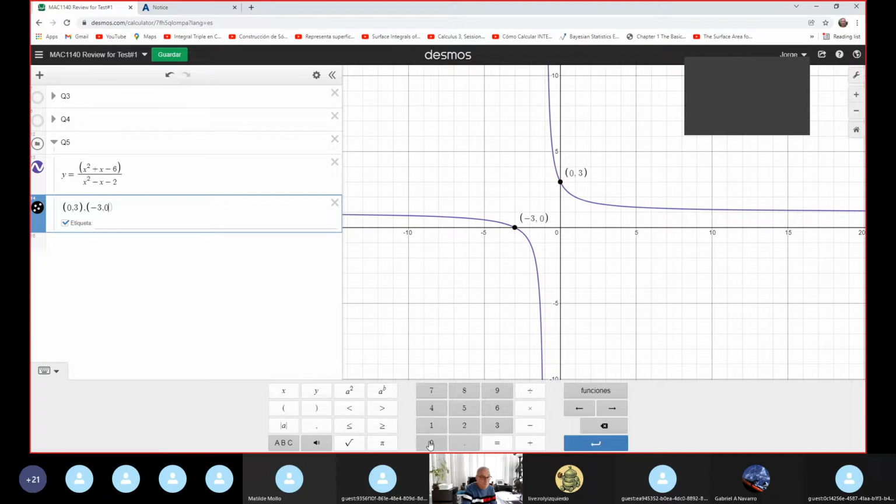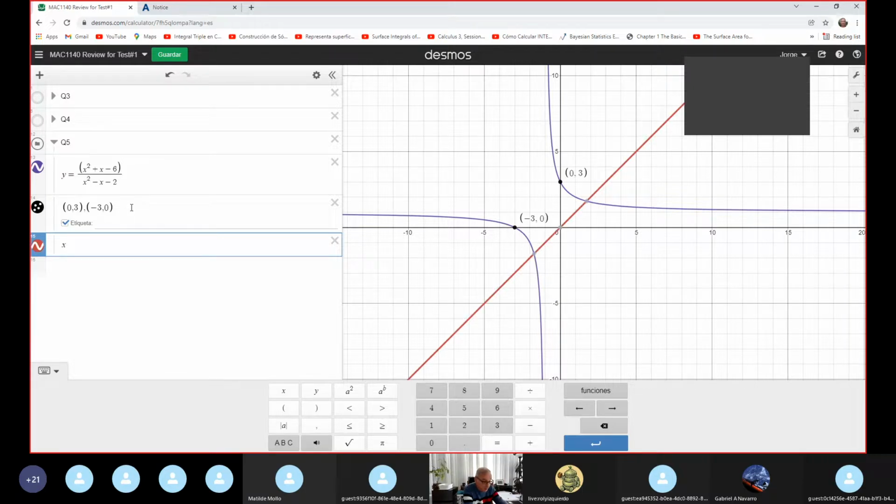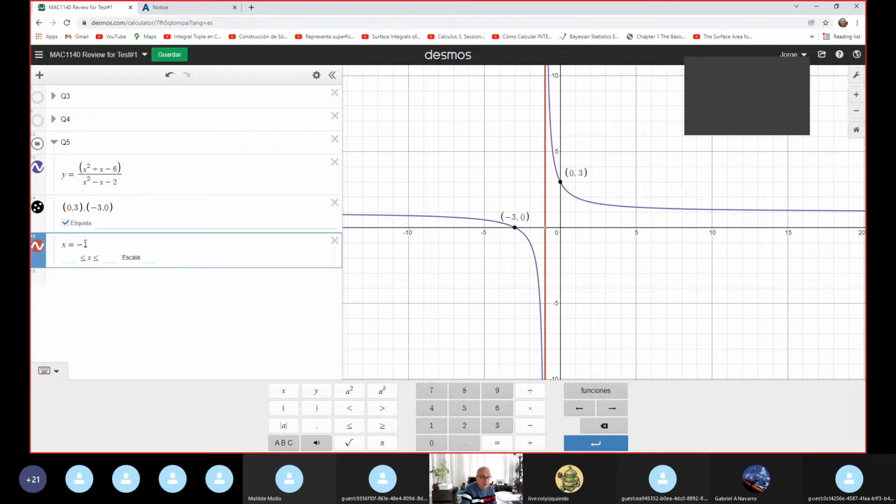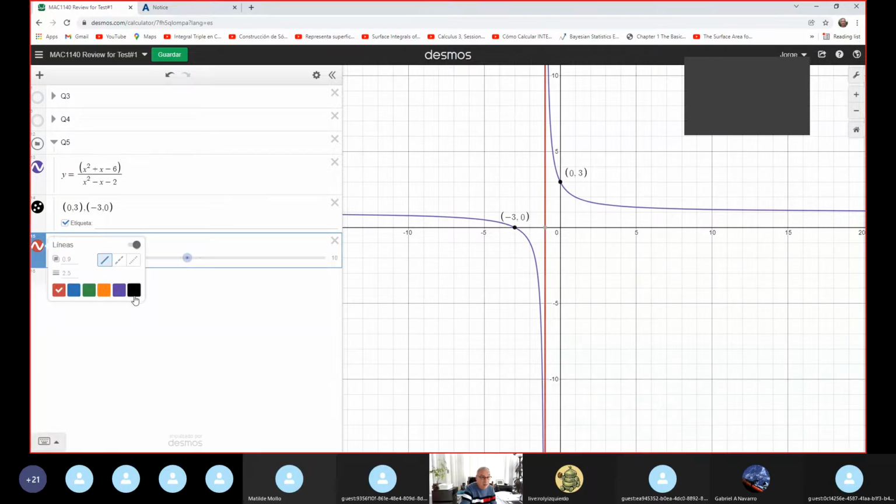We have a vertical asymptote at x equal negative 1. X equal negative 1 is our vertical asymptote. Black color, dotted line.